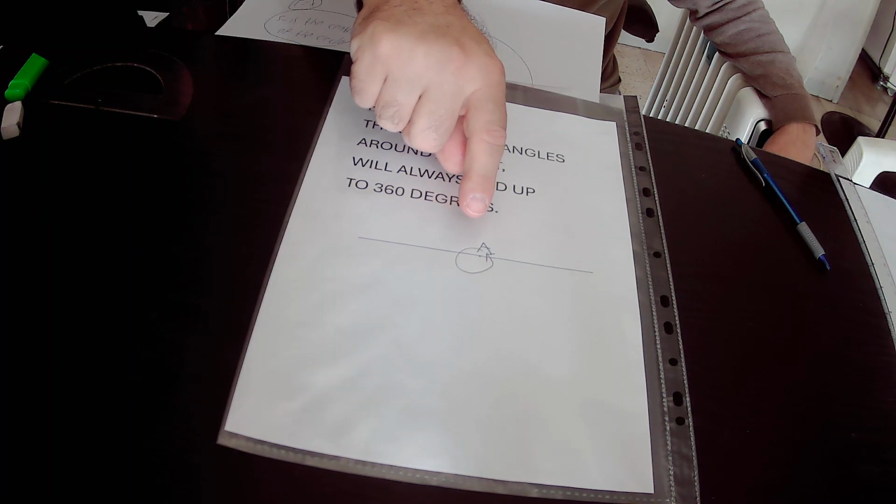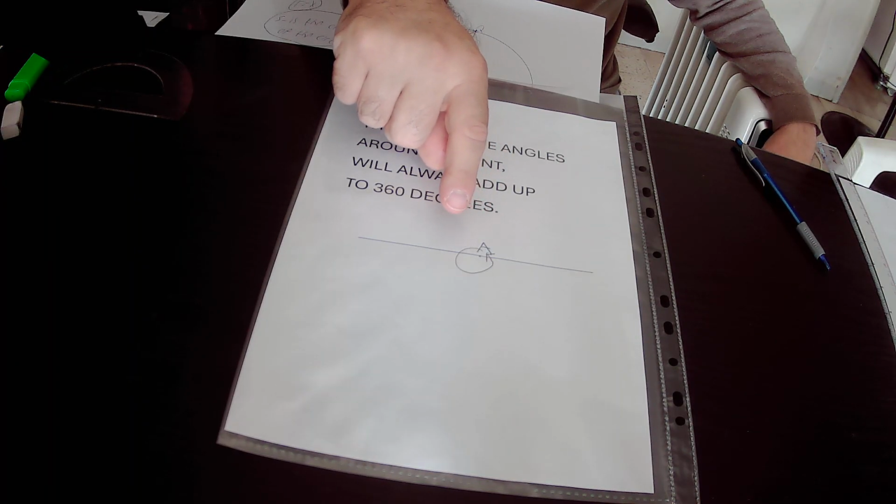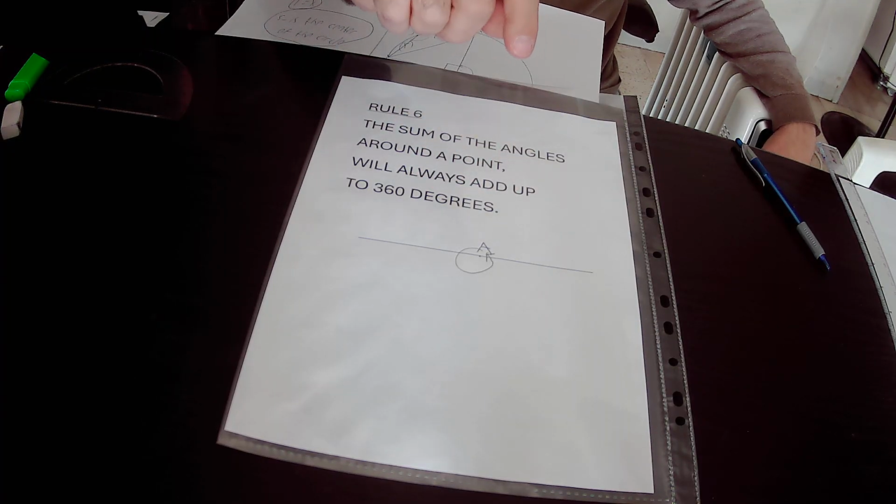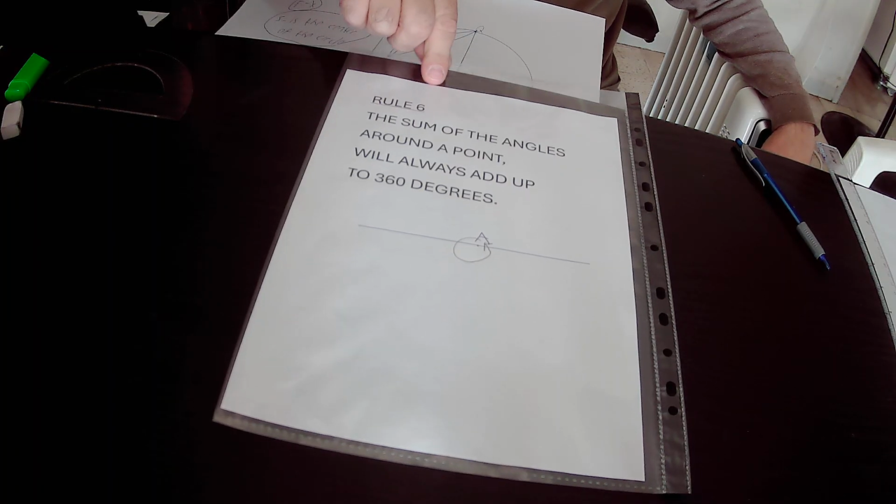So 180 degrees plus 180 degrees is 360 degrees. That is the sum of the angles around point A in total, exactly like this rule number 6. We can actually implement rule number 6 in our drawing.